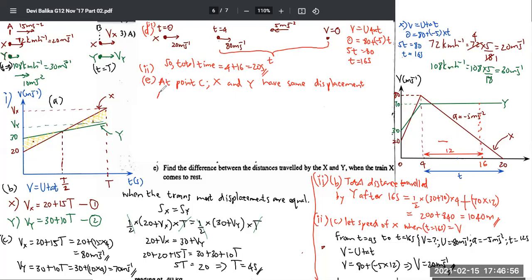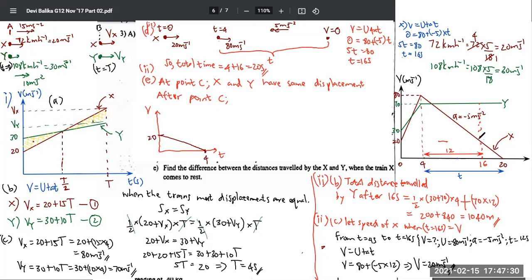So after point C, until point C they have overtaken each other. One was going forward, then the other one overtook, then the other one overtook. At point C, they are both at the same point. But after point C, look at the graph carefully. Velocity, time. What is the graph for X? From velocity 20, it's reducing to 0 in 4 seconds.